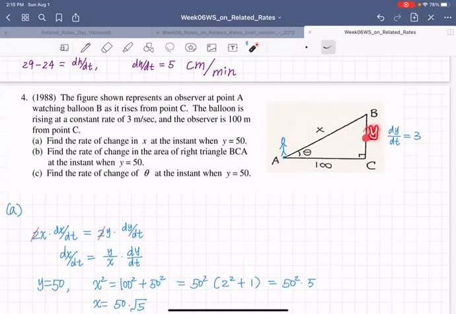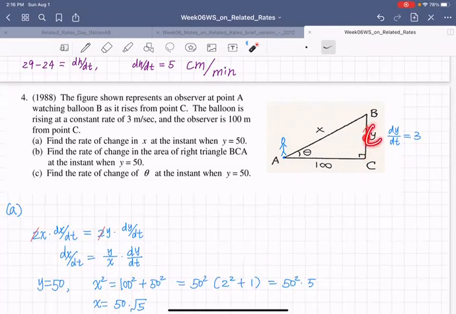Y is a variable. We want to treat this guy as a variable because this is dy over dt. This guy is changing. It's not a fixed value. We don't replace this by 50 now. Not yet.